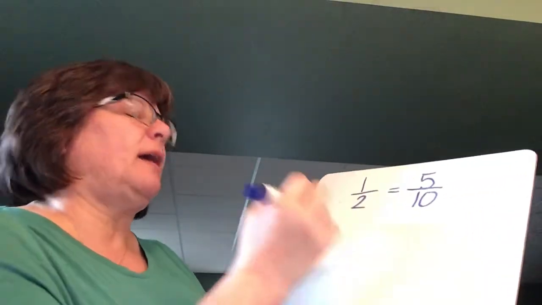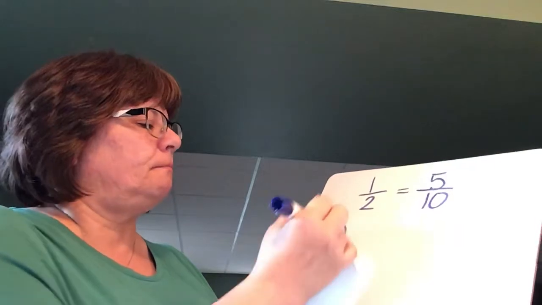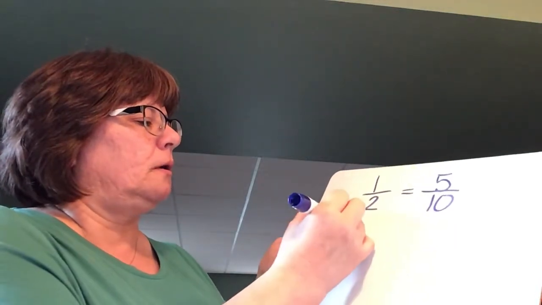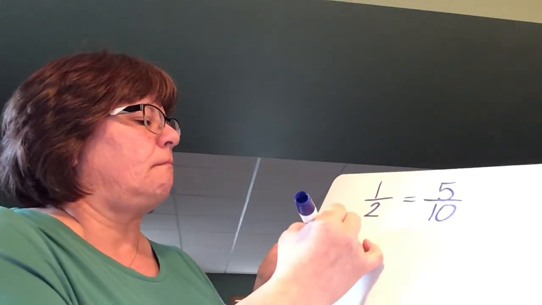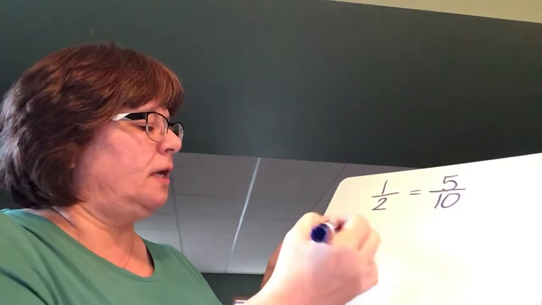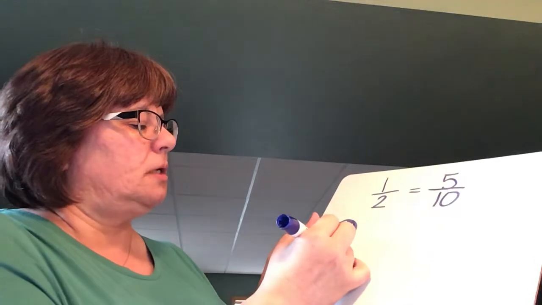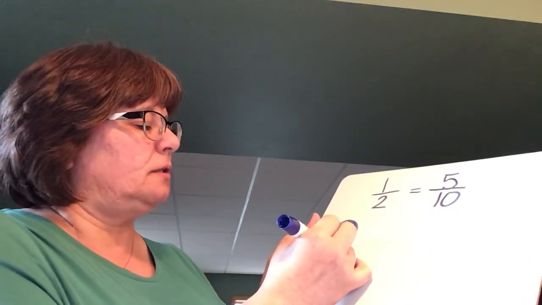So the first drawing, I'm going to use circles first. Okay, so I'm showing 1/2. And now I need to show 5/10. Uh-oh. Can I draw 5/10 is the question.